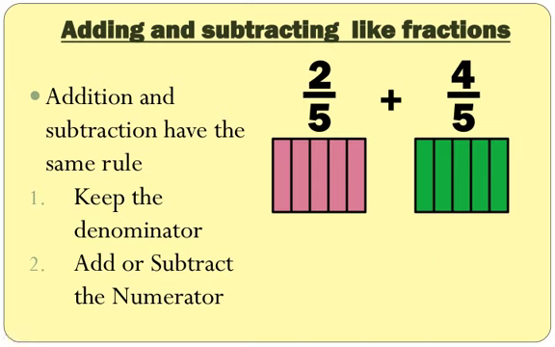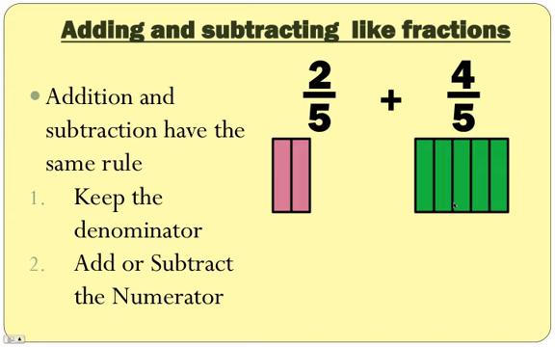So how about this example? Here we have 1 whole because it's 5 out of 5 pieces. And here we have 1 whole because this is also 5 out of 5 pieces. And we know that each whole has to have 5 pieces because the denominators are 5. So we don't need all 5 of these pieces. How many pieces of this do we need? Well, we only need 2 pieces. And how about here?